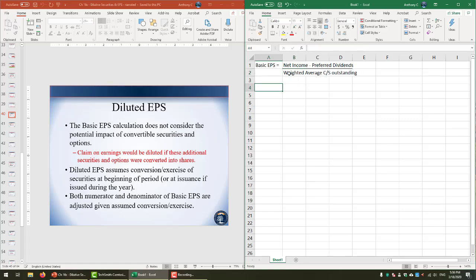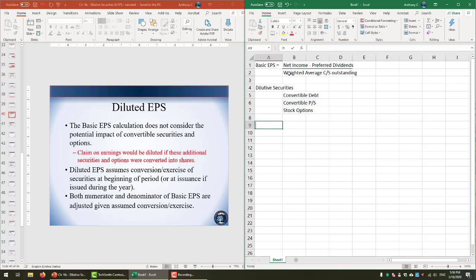When a company has any type of dilutive securities, it'll generally have to report diluted EPS. The dilutive securities we'll go over will be convertible debt, convertible preferred stock, and stock options.